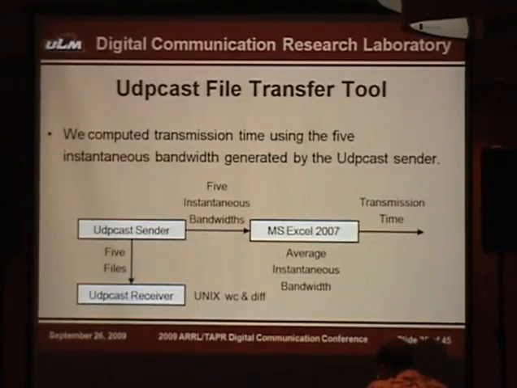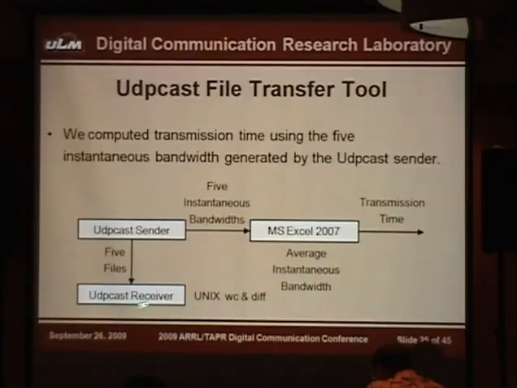All right. Well, there's an equation in the paper that I introduced last year, and it's back again because I need to compute transmission times using instantaneous bandwidths. So again, I was transmitting each of the three files 5 times using the IRS (interleave, redundancy, stripe size) configurations.